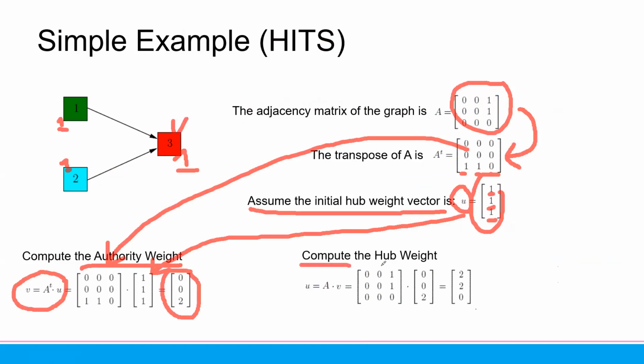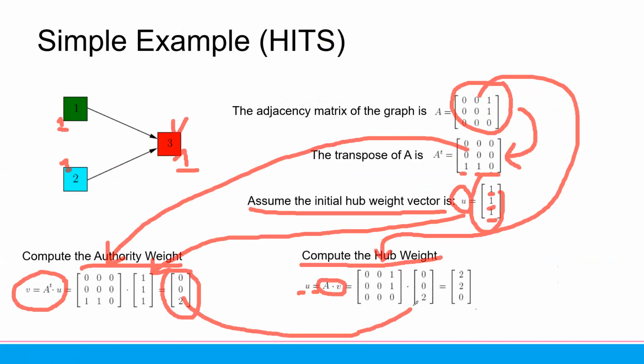And we can compute the hub weight. The hub weight is U equals A multiplied by V. A is from this one multiplied by V, and V is from here. So we can get the hub weight. This hub has the weight 2, this hub has the weight 2, and this authority has the weight 2 as well.